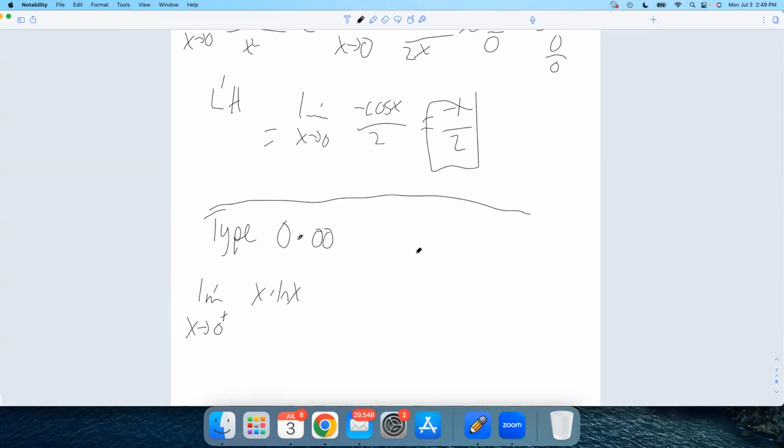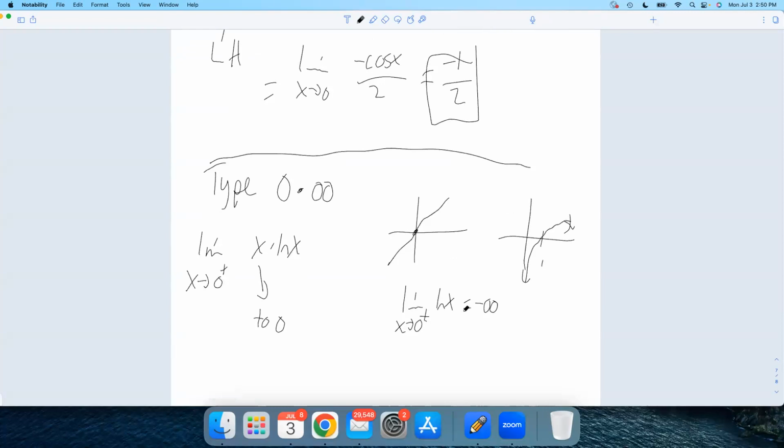So y equals x goes to 0. This guy wants to go to 0. Natural log of x, as I approach 0, the limit as x approaches 0 from above of natural log of x is negative infinity.